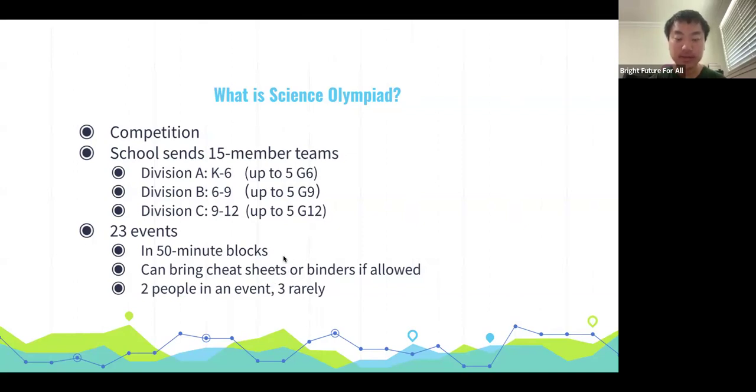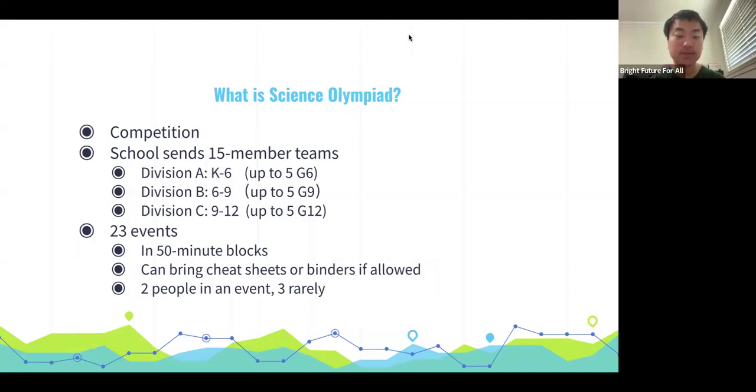Events will dictate how much outside information you can bring in. This takes some of the pressure of memorizing everything off of you. Instead, your job becomes to synthesize the information you've learned, know where to look for the information, and understand how concepts connect and how well you can explain certain concepts.